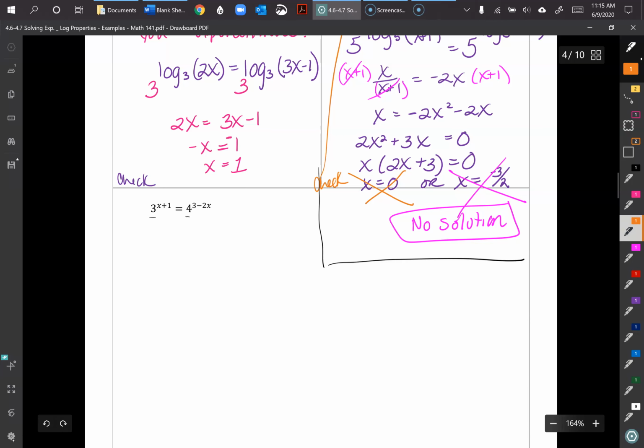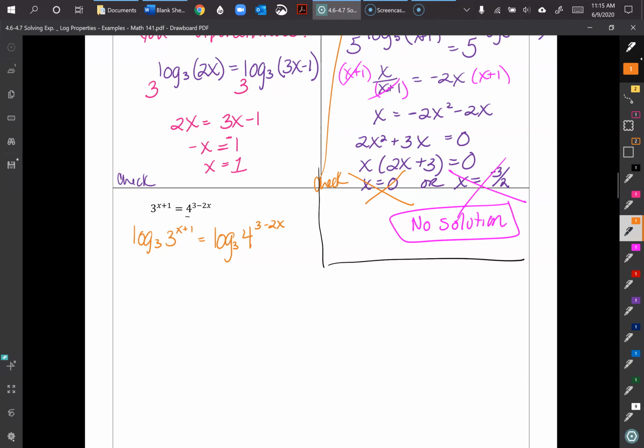So we are going to do the log of both sides. Now you can choose to undo one or another, or you could actually just do common log and see how that works out. But I'm going to do it as log base 3 of both sides. Here, I'll rewrite this. Log base 3 of 3 to the x plus 1 equals log base 3 of 4 to the 3 minus 2x.